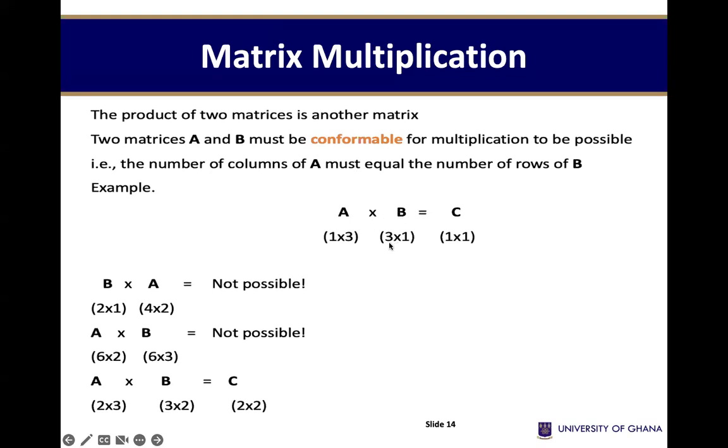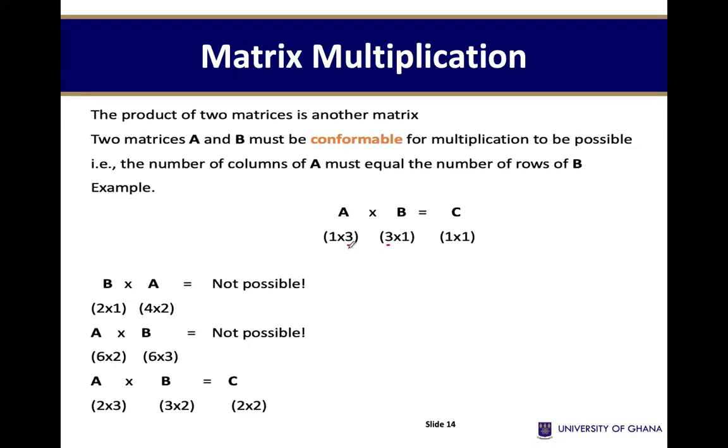Matrix B has a dimension of 3 by 1. So for it to be conformable, the number of columns in the first matrix A should be the same as the number of rows in the second matrix B. With that acceptable, we can say that these two matrices are conformable.